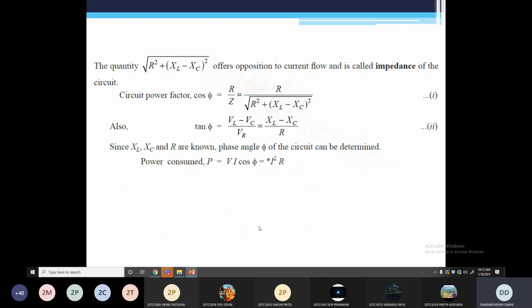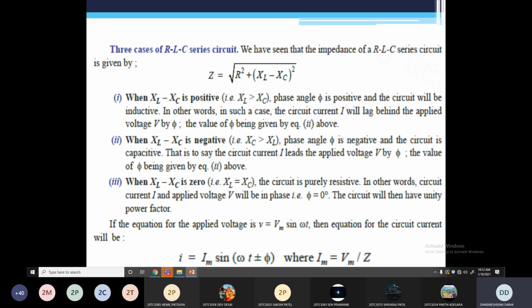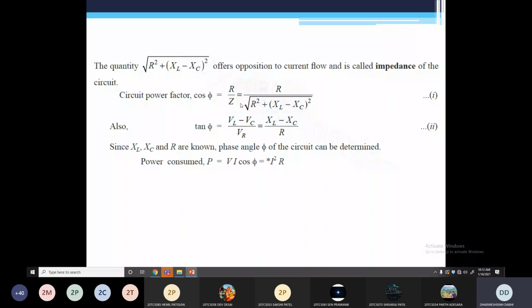Now, what is the equation of power factor? As we know, the power factor is R by Z. So Z is the square root of R square plus XL minus XC whole square. Or you can use the equation of tan phi to calculate the phase angle.